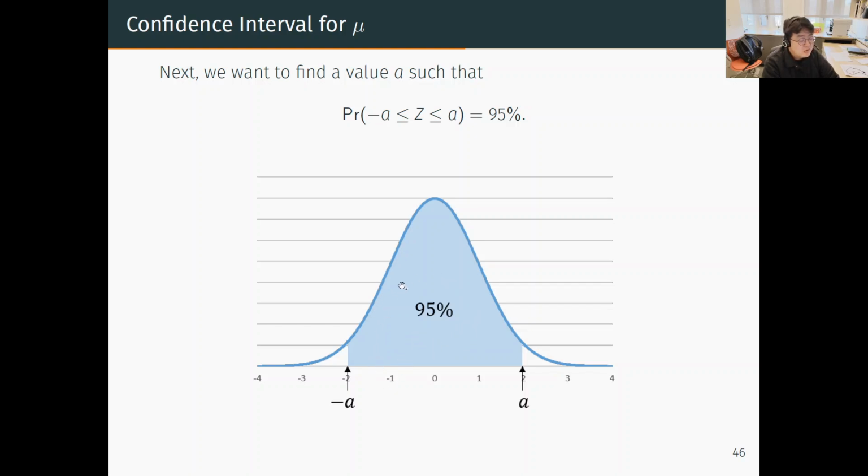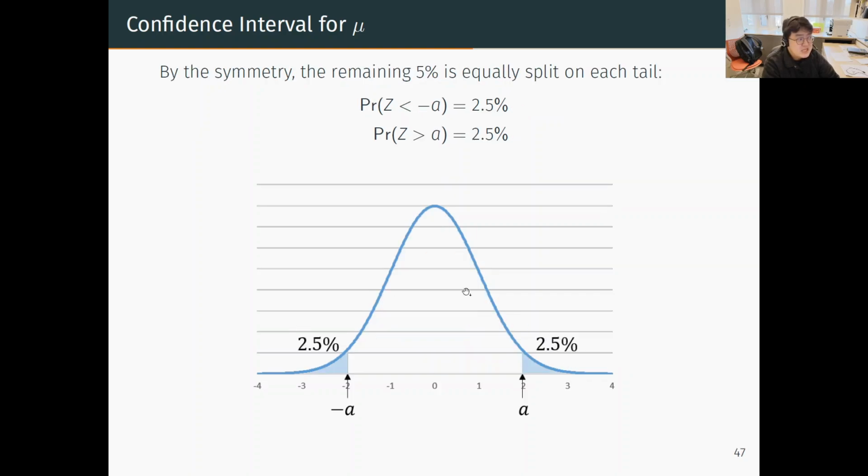So when there is 95% in the middle, that means each tail contains 2.5%. So this positive a is the top 2.5% value, right? We have done a similar exercise in chapter 6, so everything is interconnected.